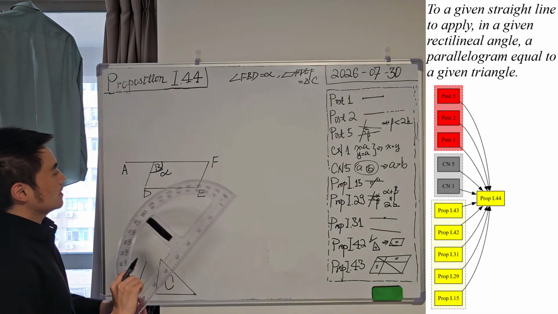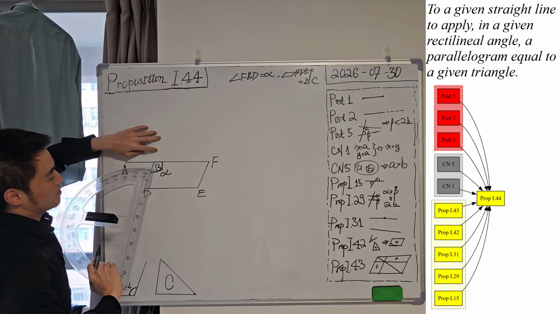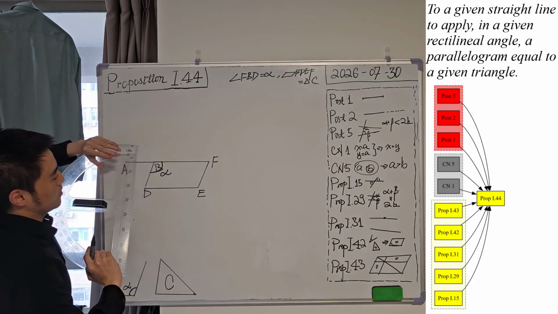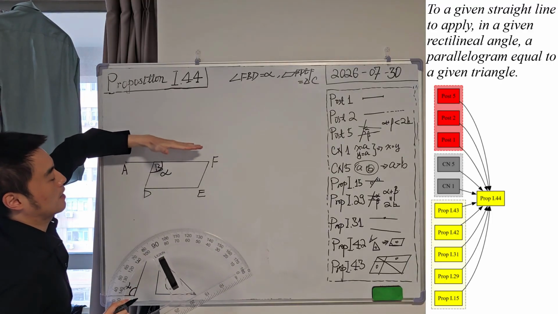So please remember that in this parallelogram we just place one of the sides BF in the same straight line as AB. Okay, so ABF are in the same straight line.